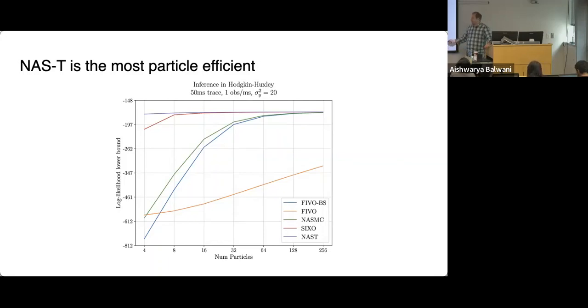And that pays off in terms of these log likelihood bounds. It also pays off in terms of how quickly and how accurately you can learn model parameters.